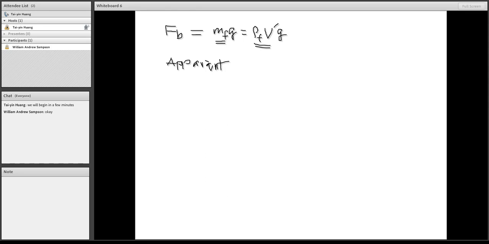The apparent weight is the difference of your actual weight and the buoyant force. So we call that W_app, which is the apparent weight, and that's equal to your weight in air, your actual weight, minus Fb.